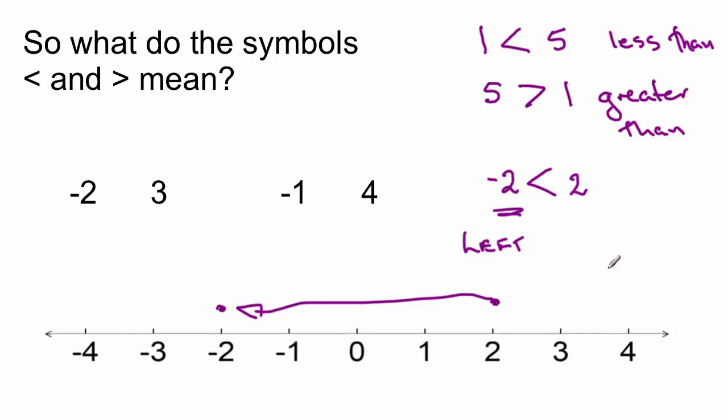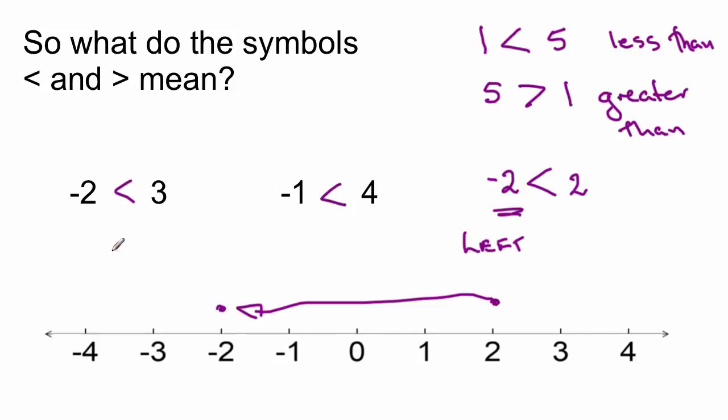So if you remember that, that's probably the best way to do it, although we'll still use the words less than or greater than. So if we look at -2 here, it's further to the left than 3, so we would use that sign, and -1 is further to the left than 4, so we would use that sign.